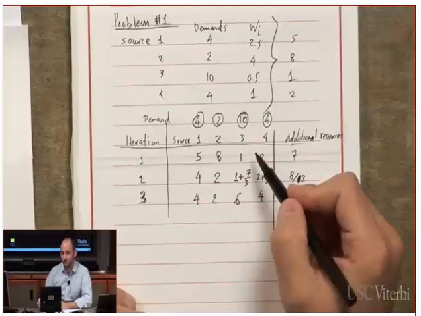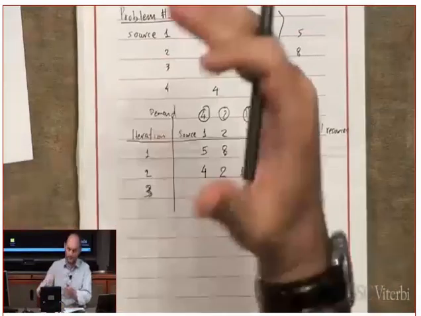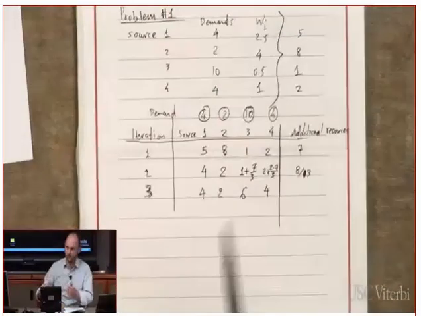So now we'll see a weighted fair queuing problem. This material over here. All right.